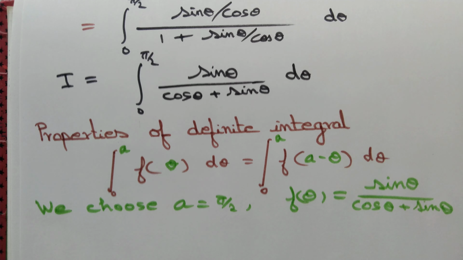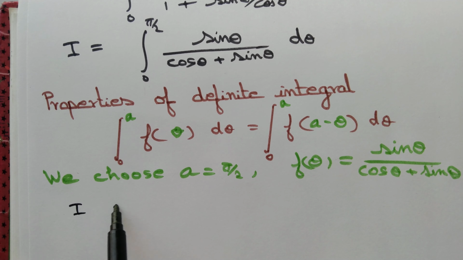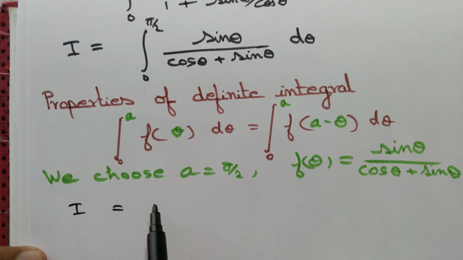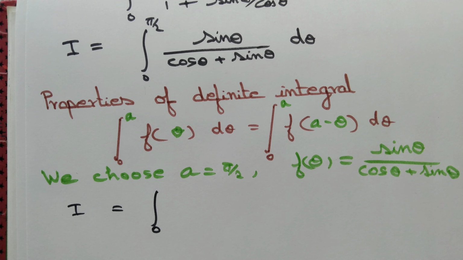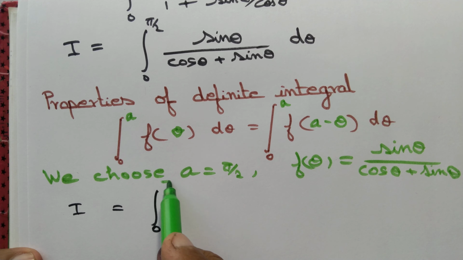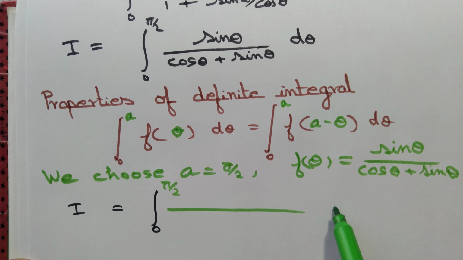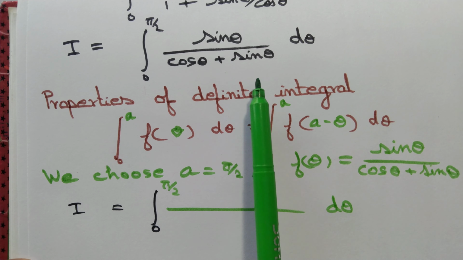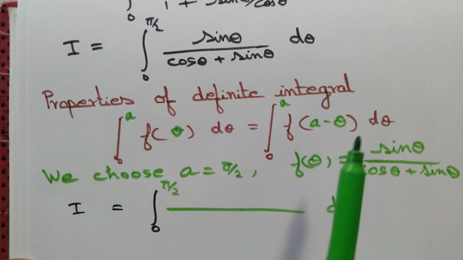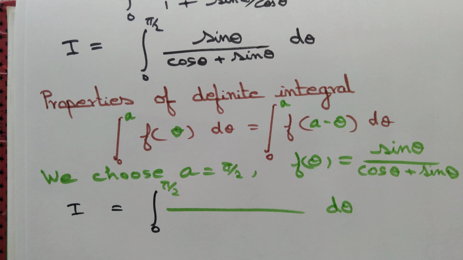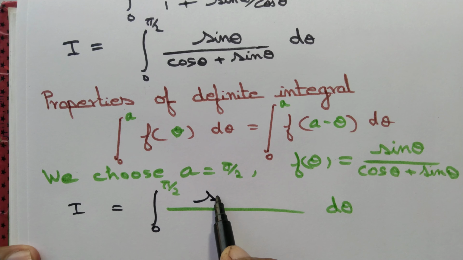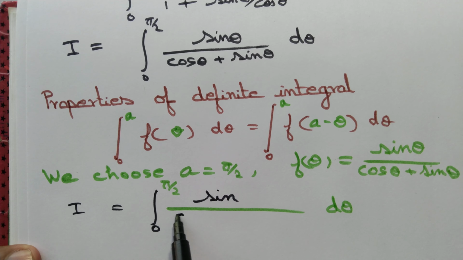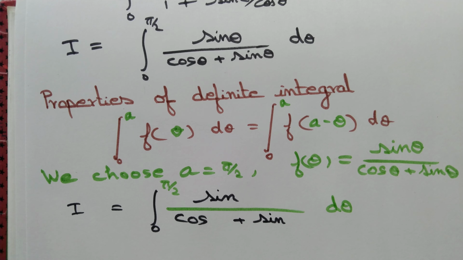And so we can write I equal to the integral from 0 to pi by 2. We can copy everything out, but we will replace theta by pi by 2 minus theta, that is, a minus theta. Sine copied, cos copied plus sine copied.